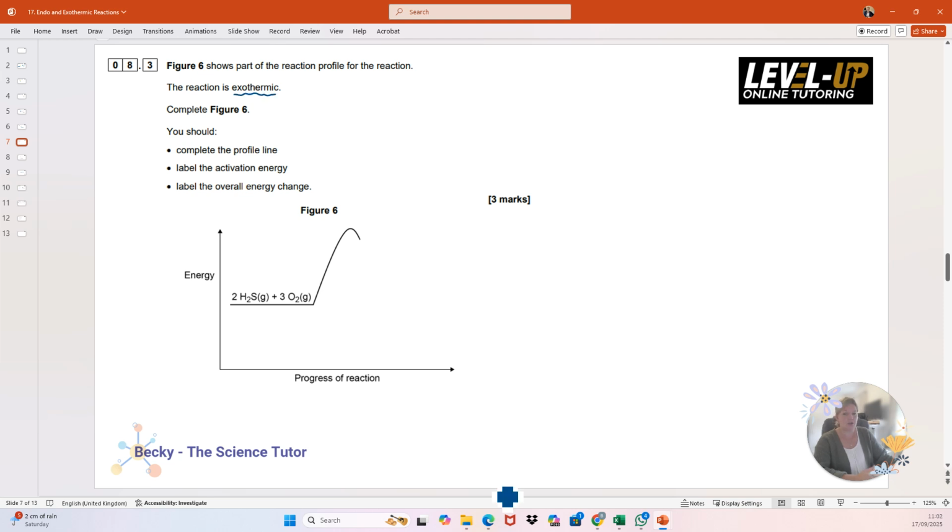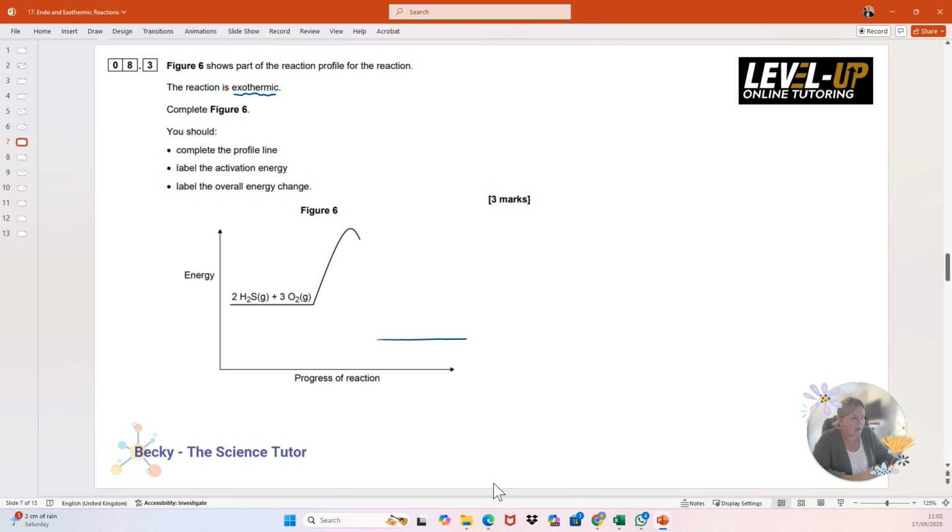So the energy of our products is going to be less than our reactants, so we need to bring that down. Now obviously you can see there are no values on that y-axis. It doesn't matter how much you come down as long as you make it obvious that they are lower, but nobody's going to measure it, and it's not that it's got to be 3 centimeters lower or anything like that.